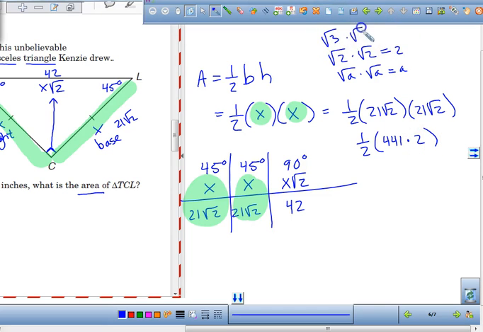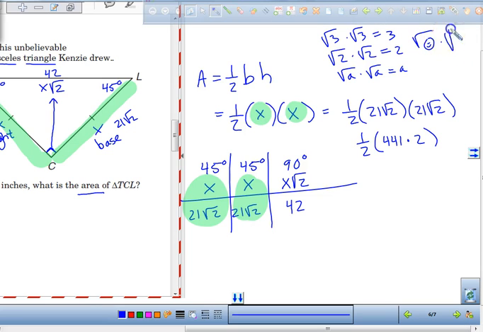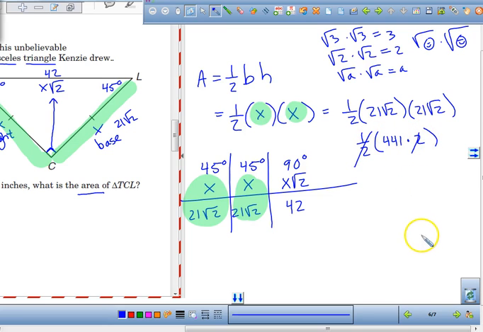Radical 3 times radical 3 would just be a 3. All right, so right now, what's half of 2? 1. So our final answer is 441 inches squared.